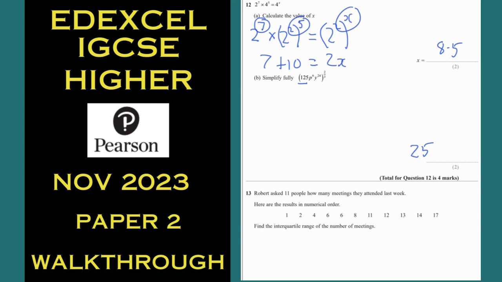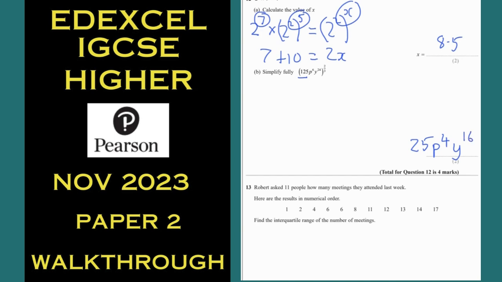No one likes a show off, but it's 25 either way. Then we've got power to a power, so multiply. So the power of P is 6 times 2/3, which is 4. And the power of Y is 24 times 2/3, which is 16.